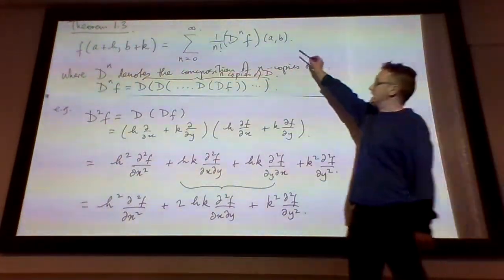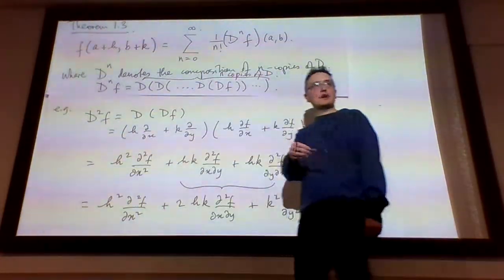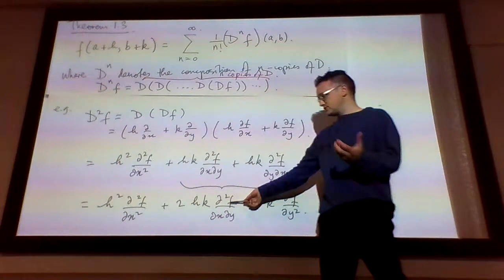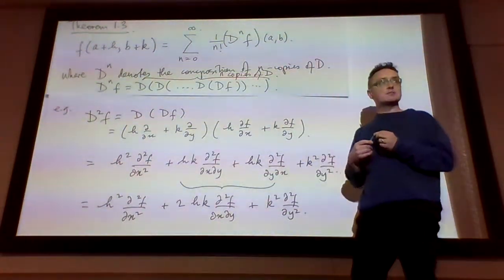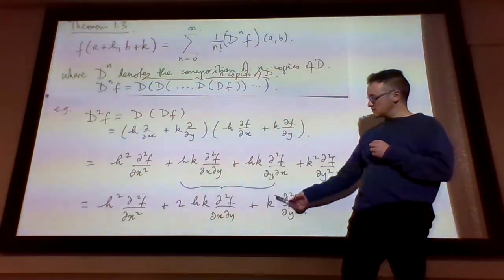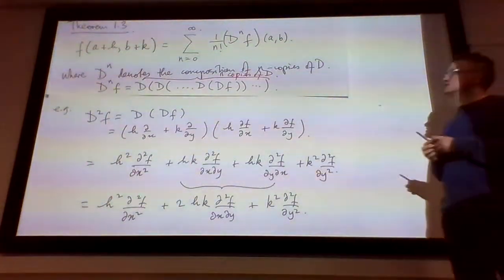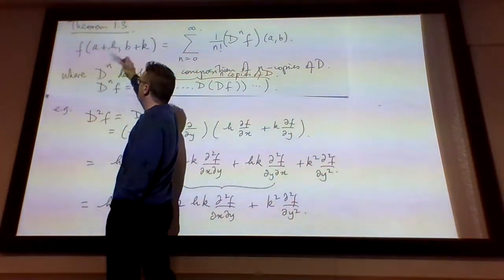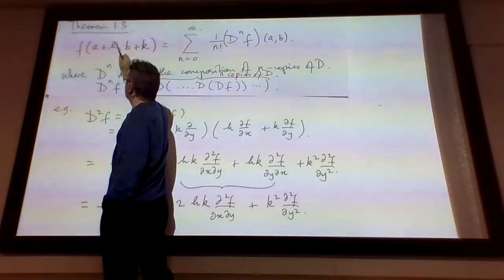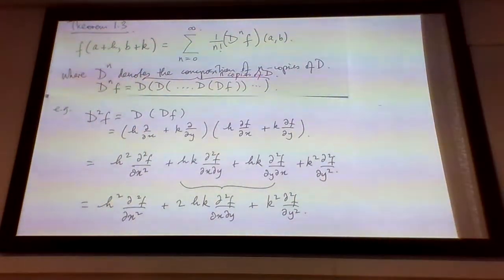And when you evaluate it at the base point (a, b), that evaluates all these partial derivatives at the base point, so they just take on numerical values. So you've just got various coefficients multiplied by polynomial terms in h and k. It's the polynomial in h and k which gives you an approximation to the value of the function at a point nearby to the base point (a, b), where h and k are the offsets from the base point values a and b for x and y.